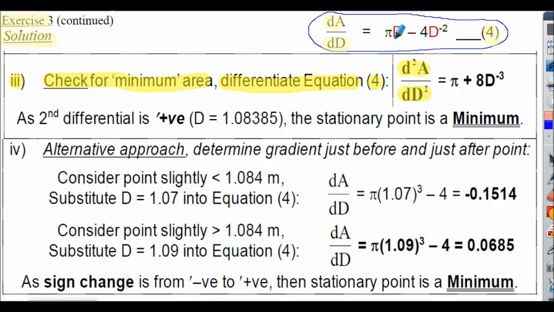So differentiating pi d with respect to d becomes simply pi, and differentiating the minus 4d to negative 2 becomes positive 8d to negative 3. What we note now is the second differential is positive. In other words, if we put the value of d from the previous slide, shown here, into our d2A by dd squared equation, the right hand side will be a positive value, so this stationary point is a minimum.